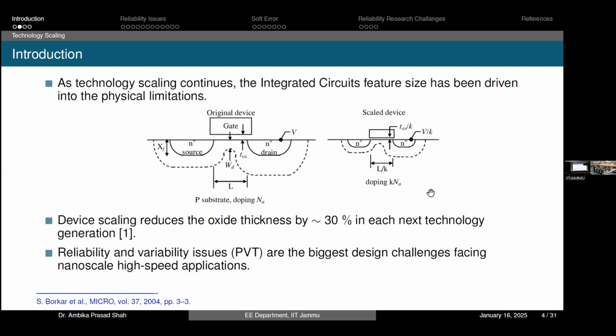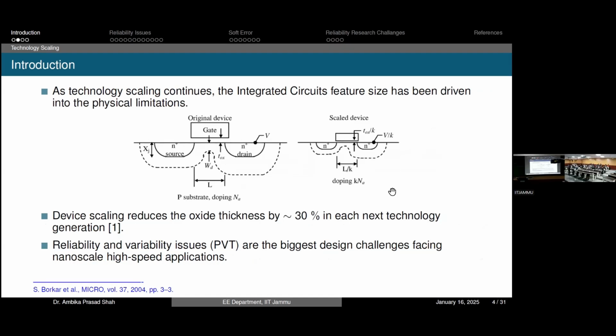Especially at the scaled technology or at the lower technology, reliability becomes challenging, and the critical parameters need to be investigated and checked before fabricating the chips.